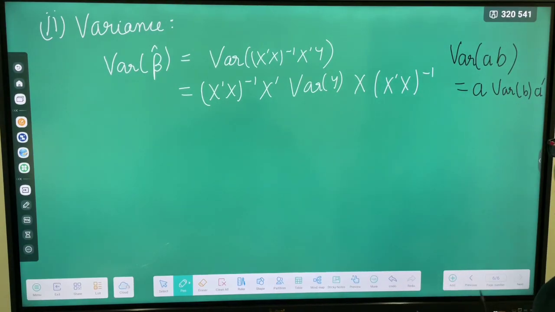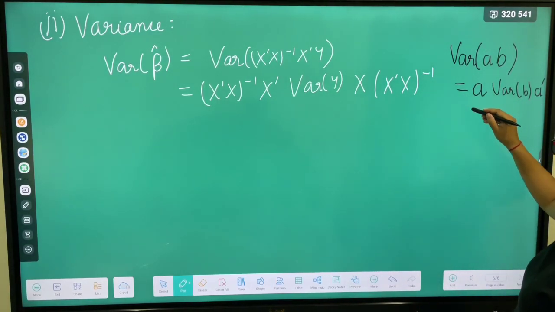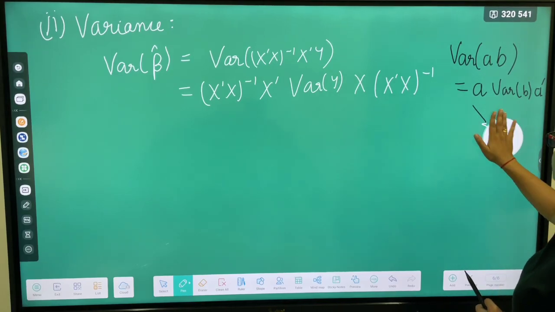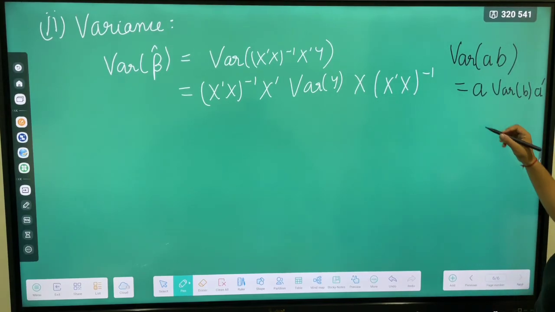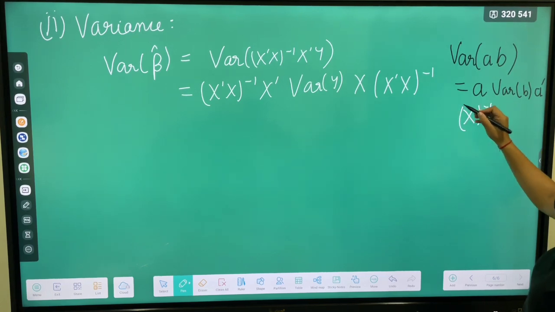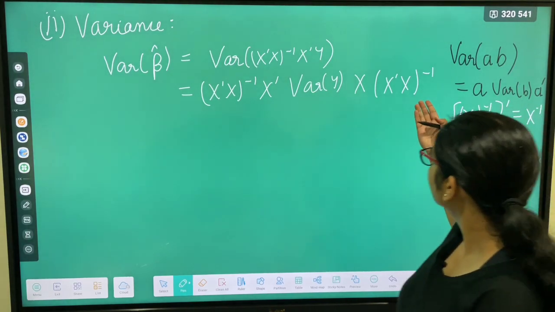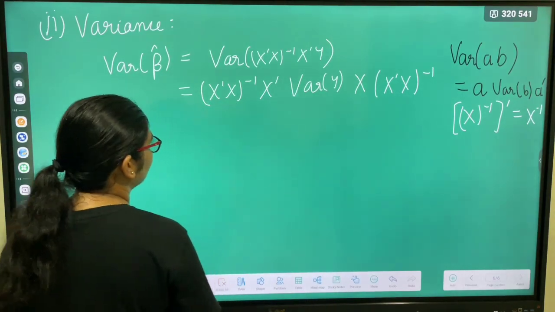Now we know that the transpose of an inverse is equal to that inverse only. So here we have taken the inverse directly.